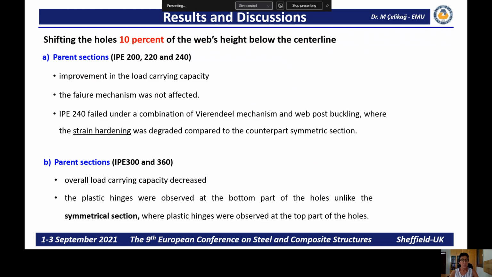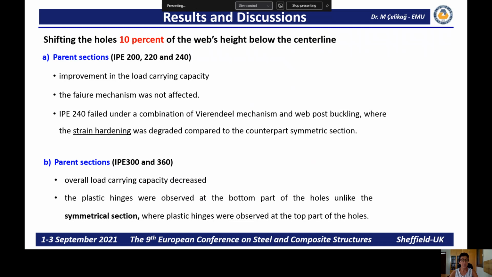Considering these, we can also look at another summary of the results of these particular sections that were considered. For parent sections, which we call shallower sections, there were improvements in the load carrying capacity. The failure mechanism was not affected.